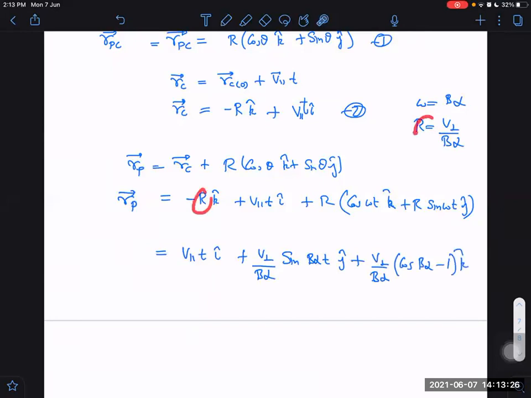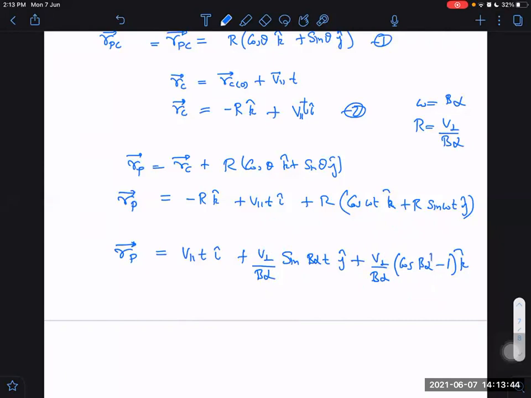R I am replacing by V perpendicular by B alpha, and I will be getting this equation. This is R, this term is omega, and this term is also omega. So we are getting the position vector of the particle.